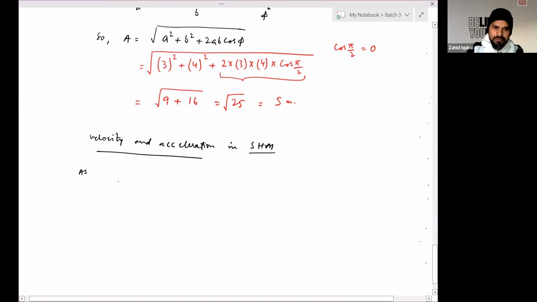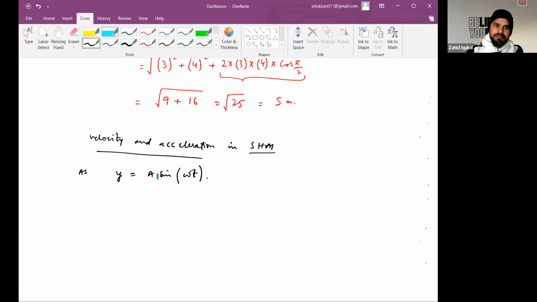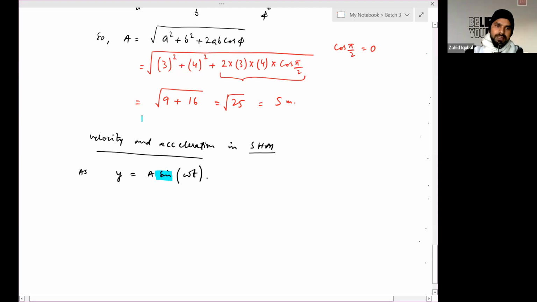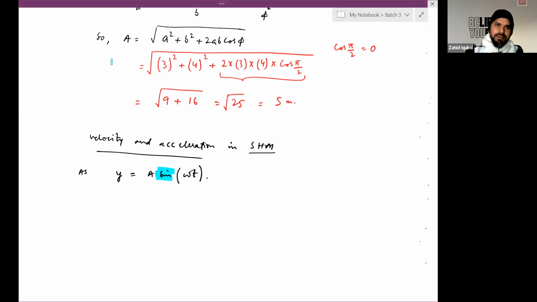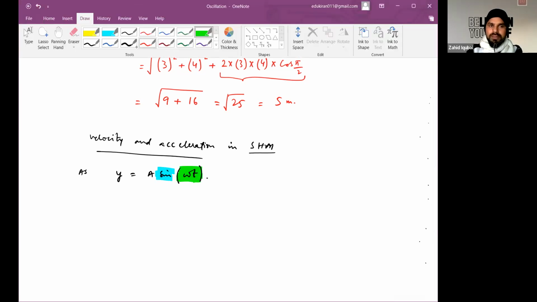As we have displacement equals A times sine omega t, I'm just considering the initial phase to be 0. In this, we have two different functions: first is sine, and second is the angle. So this is a composition of two different functions, and to differentiate, we assume function of a function.